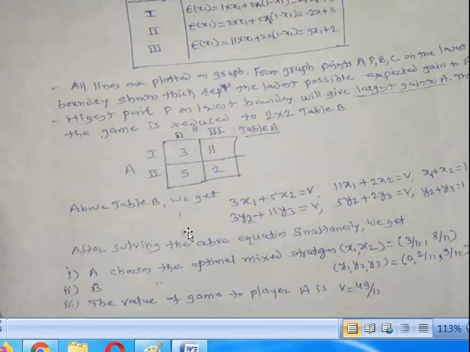From the above table, we get the equation 3x1 plus 5x2 is equal to the value of the game. Similarly, 11x1 plus 2x2 is equal to the value of the game, and x1 plus x2 is equal to 1 for A. Why 1? Because the distance between the two parallel lines is unit length. Similarly, for B, why y2?